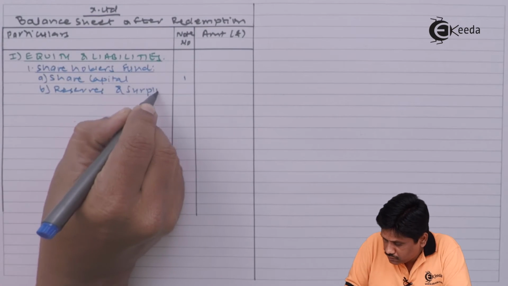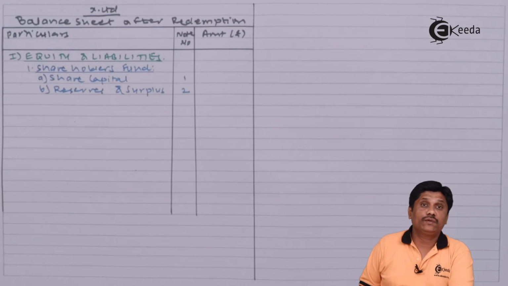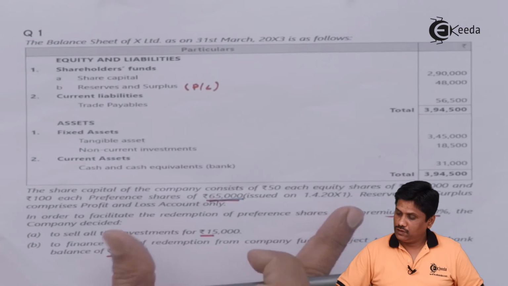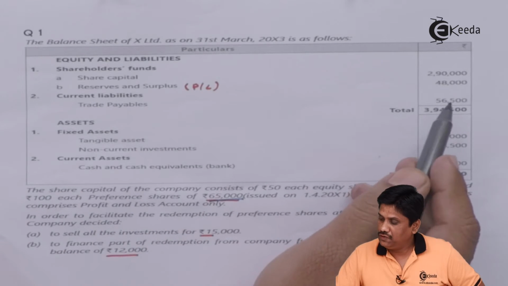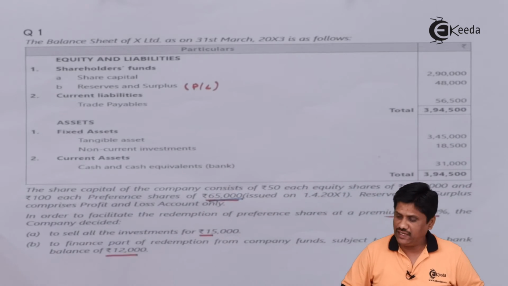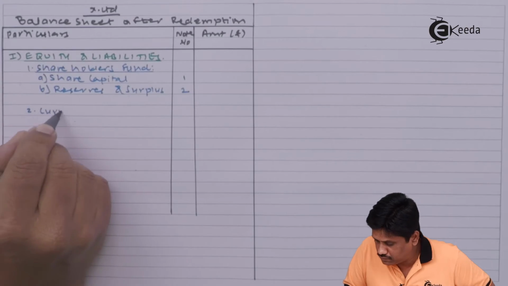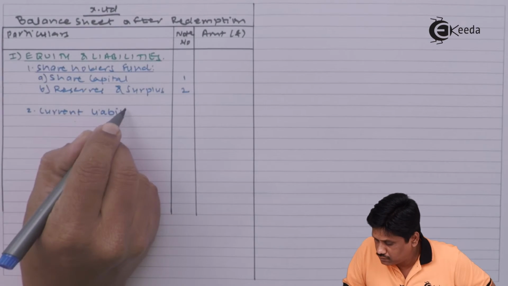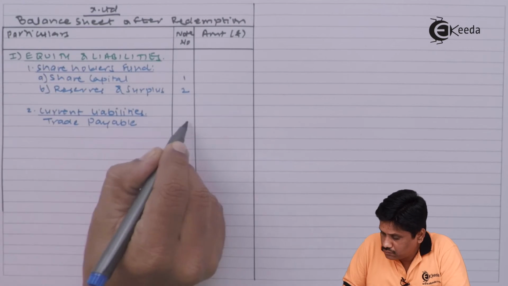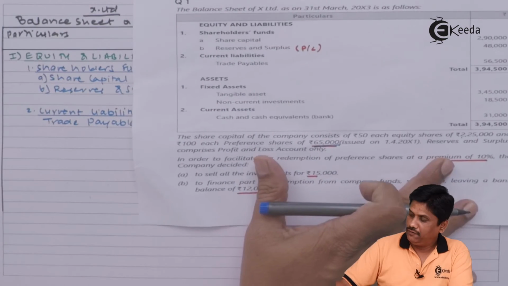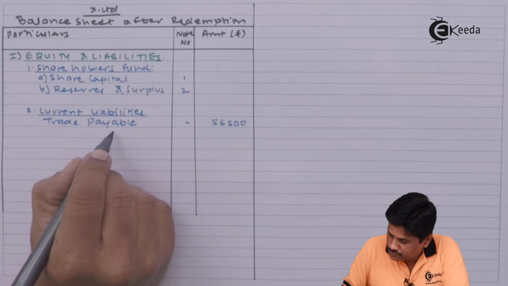Reserves and surplus, we will write note number 2. Then there is directly current liabilities, which include only one thing, that is trade payables. So as it is, I am copying. And after this we will have a total.